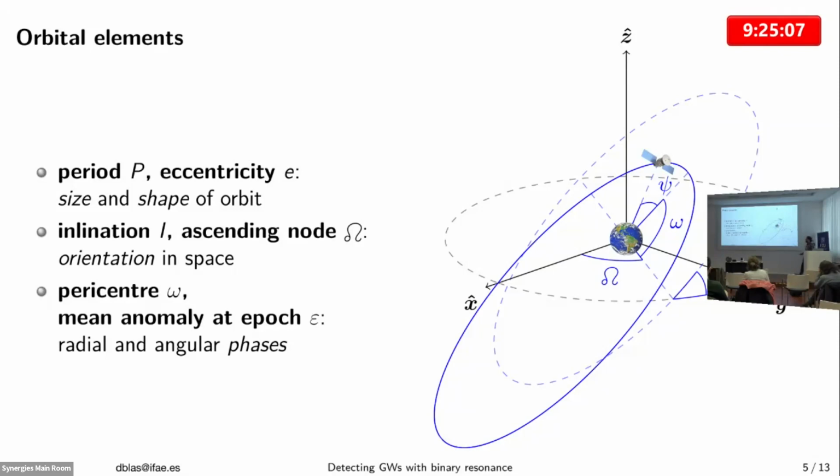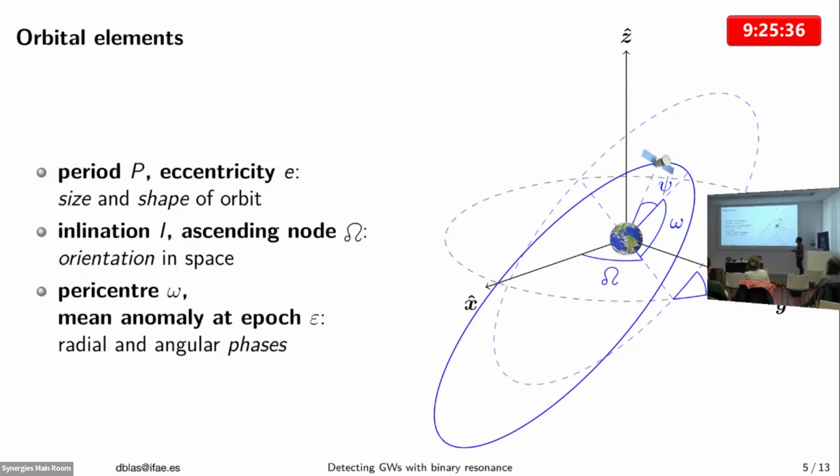You can add GR if you want in the post-Newtonian way, order by order. But in principle, the systems that we explore are quite non-relativistic. For this, the way to explore perturbations to the orbit is to consider the 6 integrals of motion of the binary system. Some of them are better known than the others.